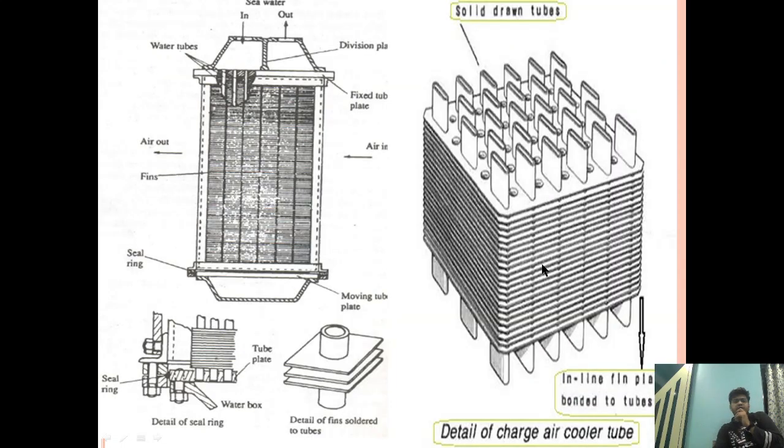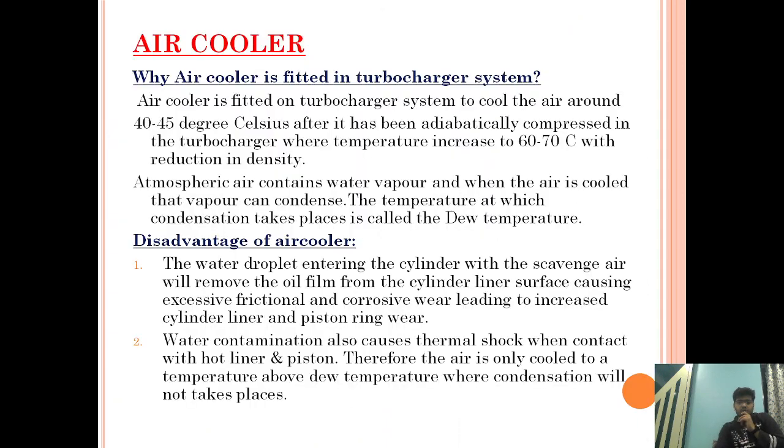Now let's see what I have written here. Okay. Atmospheric air contains water vapor, and when the air is cooled, the vapor can condense. Okay, why is the vapor condensing?